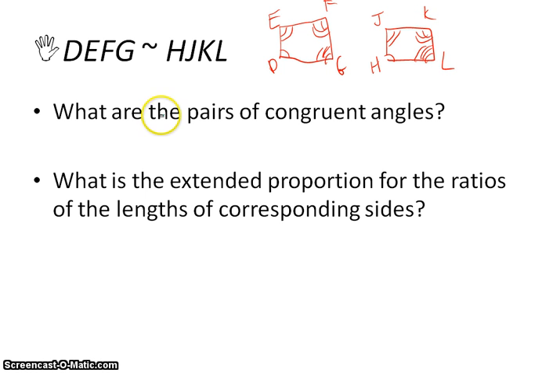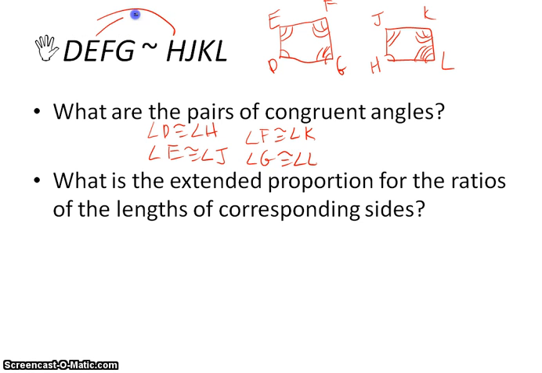Alright, so the pairs of congruent angles, angle D is congruent to angle H, angle E is congruent to angle J, angle F is congruent to angle K, and angle G is congruent to angle L, and it really is the order in which they come, right? First to first, second to second, third to third, and fourth to fourth.